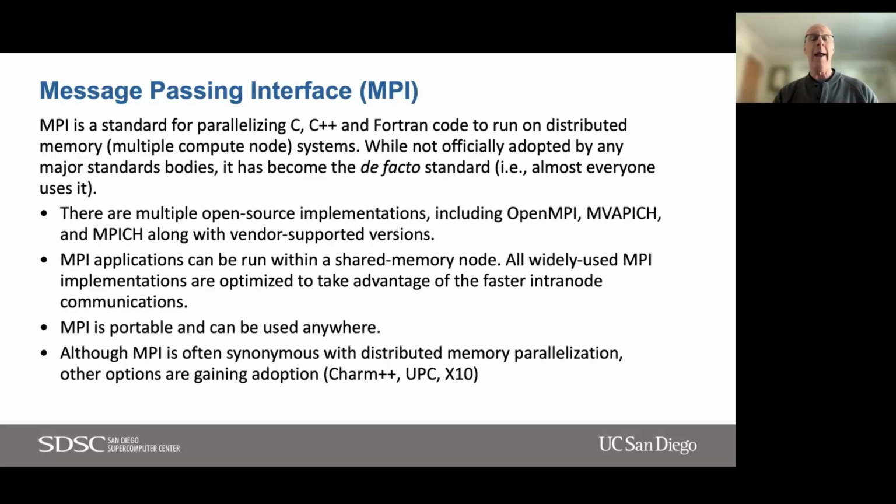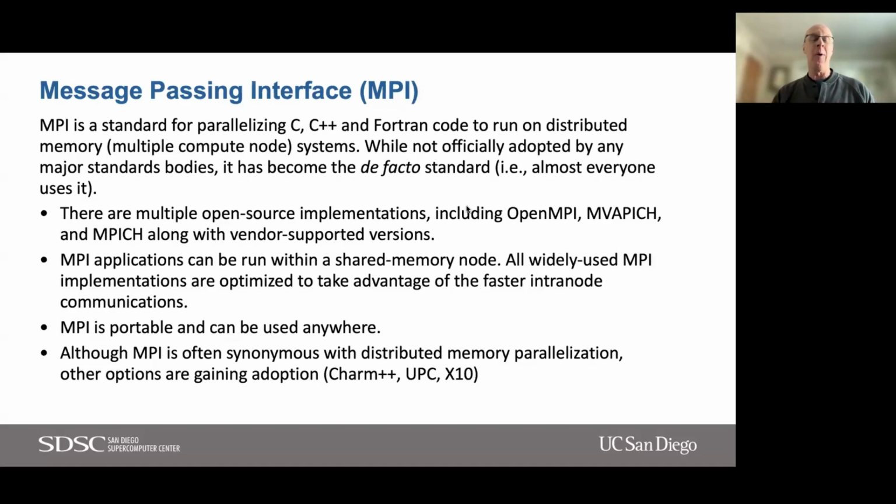MPI is portable and it can be used anywhere. On any cluster, all you need to do is install MPI, or more likely your sysadmin or the folks who manage these computers at the supercomputer centers will. But you're going to find MPI pretty much everywhere.